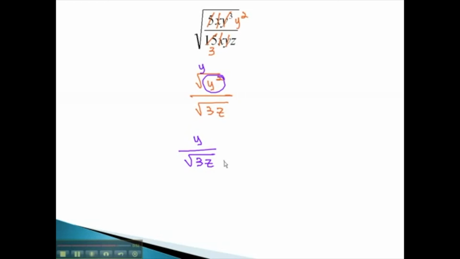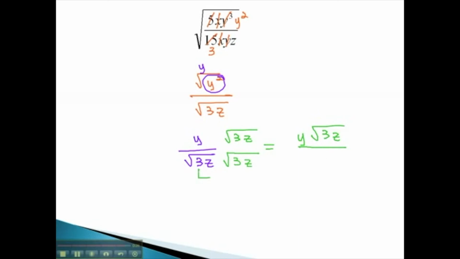Now, to rationalize the denominator, to get rid of the radical, we'll multiply by the missing radicals. To divide by an index of 2, we've already got one 3. We need one more 3. Similarly, we need one more z. Doing the same thing in the numerator, so that our numerator is y times the square root of 3z.